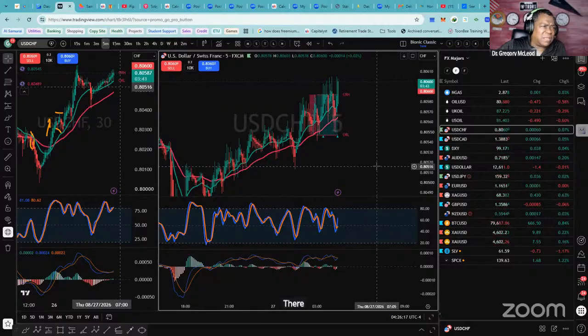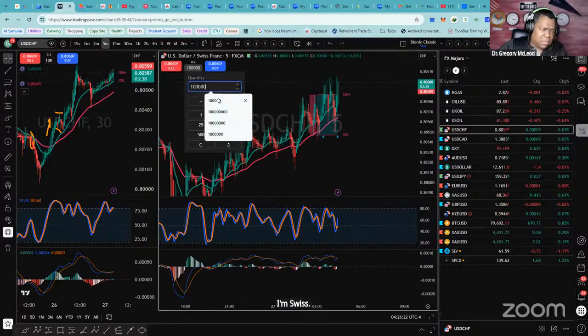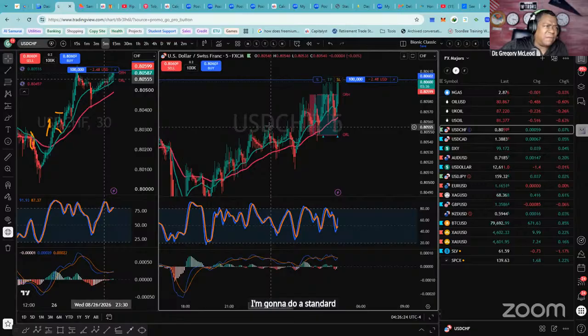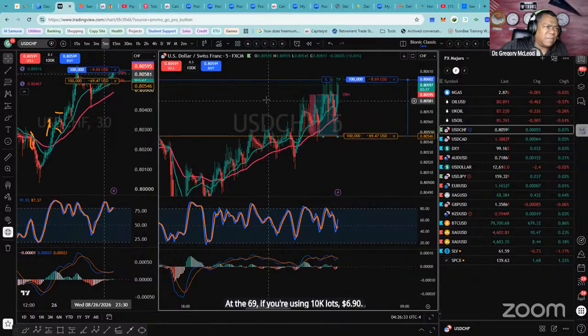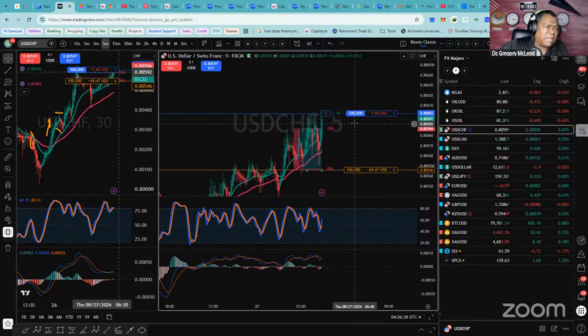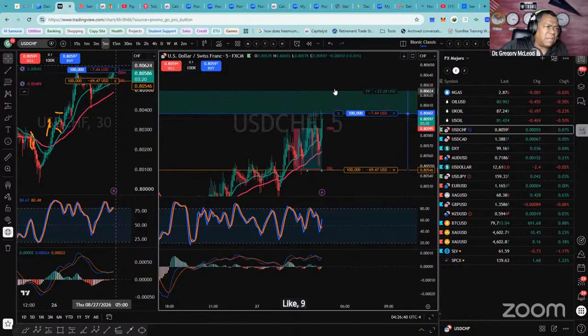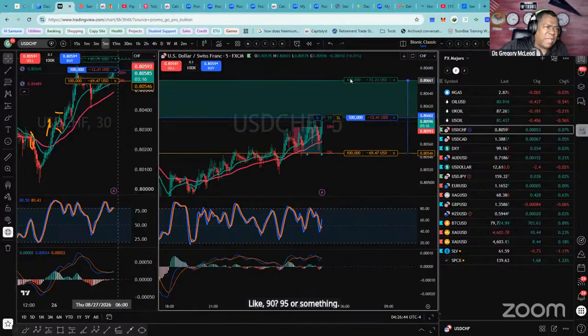And it's trying to draw. There it is. Well, look at that. Dollar Swiss. We're going to do a standard lot there. Stop loss at the 69. If you're using 10K lots, $6.90. Take profit like 90, 95 or something, basically 1.5 times risk. So 35, 105, maybe.